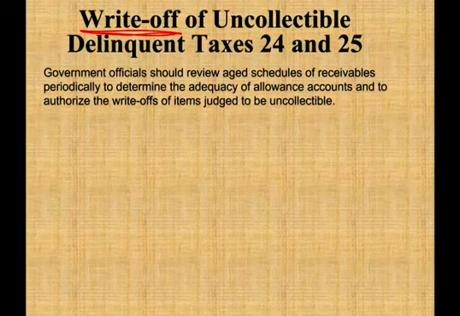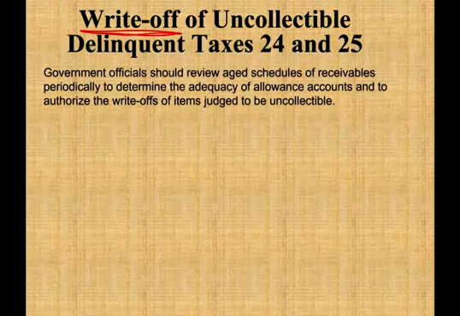And from a control perspective, the government has to trust the person. They should have internal control of who's writing off these accounts, because what could happen is this. If someone can write off these accounts and no one is reviewing this process, that individual can collect the money from the taxpayer.